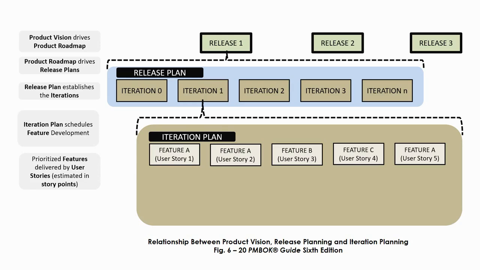Prioritized features such as what you're seeing on the screen, user story 1, user story 2, and so on, these prioritized features delivered by user stories are estimated in story points. And story points are not necessarily hours or months or weeks. It's more in terms of what the team thinks would be the required effort and maybe even difficulty at times.